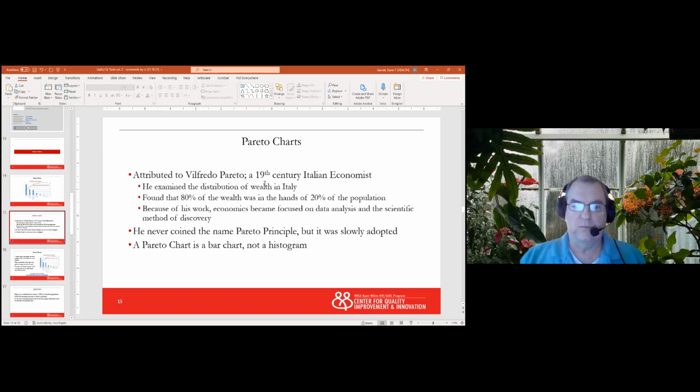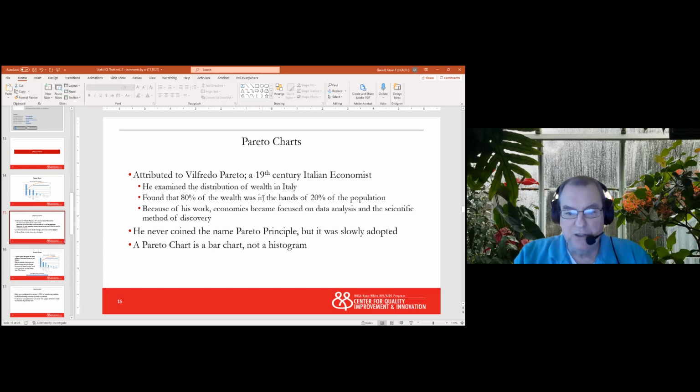So Vilfredo Pareto was an economist, Italian economist. And I find this just a very interesting story, so I'll just give you a 30-second view of this. He found that 80% of the wealth was in the hands of 20% of the Italian population. So economists over time became more focused on data analysis and scientific methods of discovery.